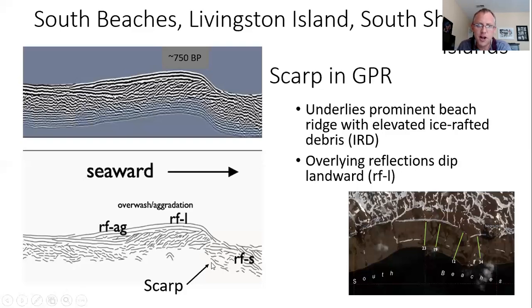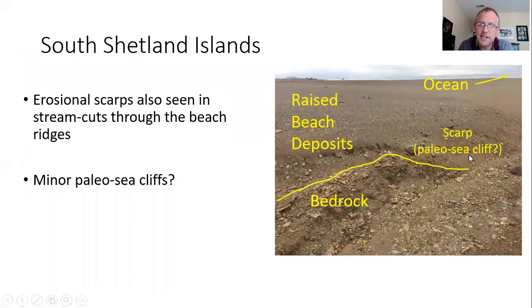Now, this erosional scarp is at the base of our GPR data, but fortunately, these same beach ridges have streams cutting through them, and we're able to see the subsurface data. And here we can see the bedrock with what appears to be an erosional scarp, maybe even a paleo sea cliff that then has been buried by ongoing beach progradation. This is oceanward and this is landward.